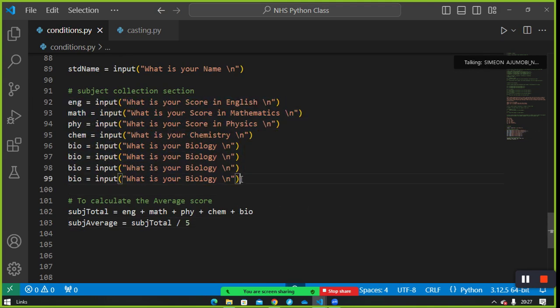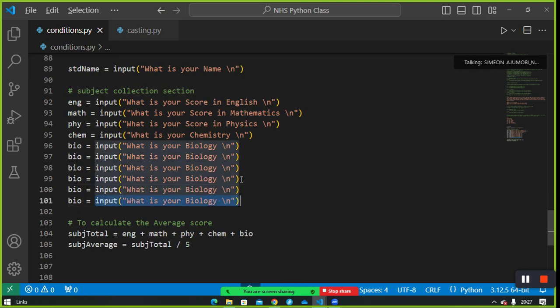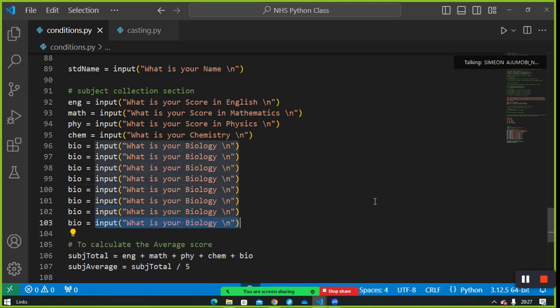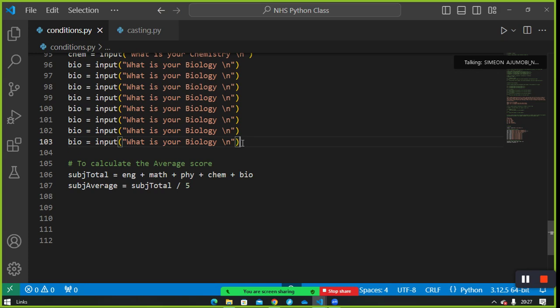Immediately the way we are adding one more here, Python is supposed to grab the number of subjects here and automatically begin to increase this one by saying 6, 7, 8, 9, 10.